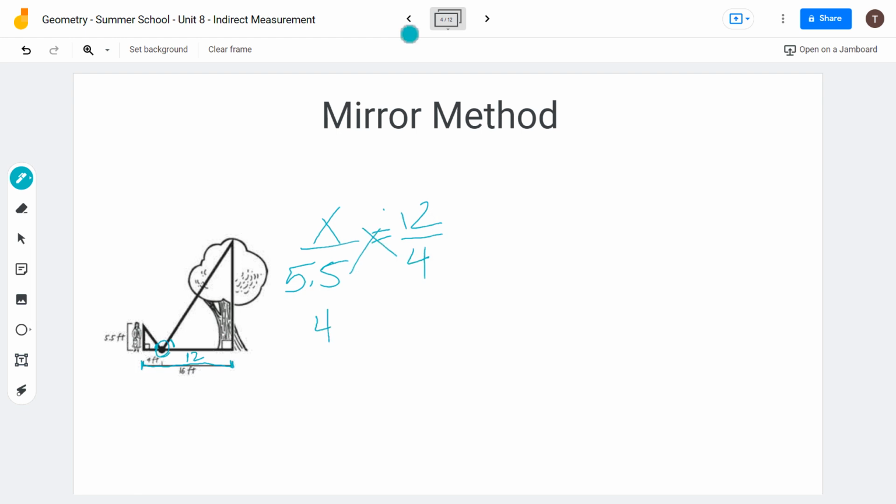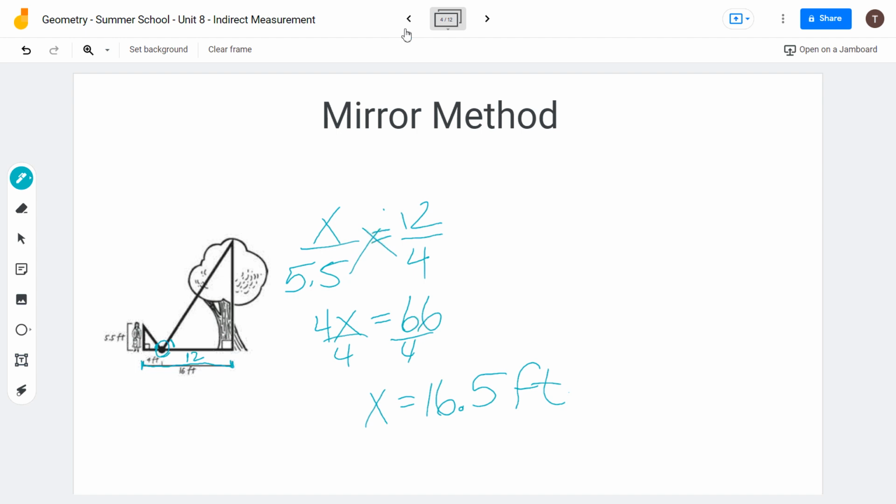So we would cross multiply. 4x equals, and I believe that would be 66. Okay, so then I would divide by 4 on both sides and get x equals 16.5. So the height of the tree would be 16.5, and those are all in feet.